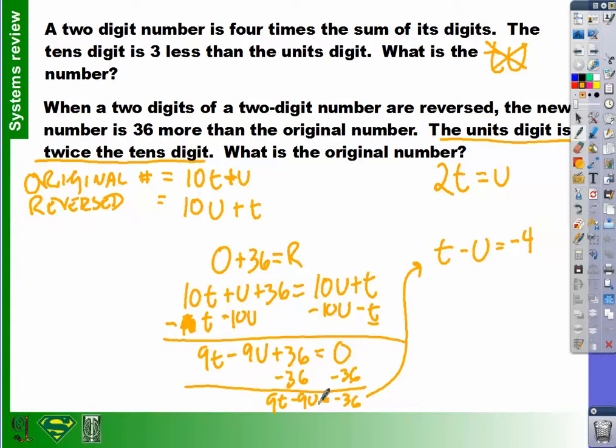So now what will I do next to get at least one of the 2 digits so that I know what my magic number is? I got it so that it was t plus 4 equals u, and then plugged that into the 2t equals u, and so it was 2t equals t plus 4. Okay, so u is equal to 2t, so we can substitute 2t in for u. So we have t minus 2t is equal to negative 4.